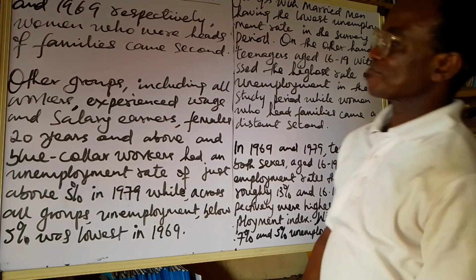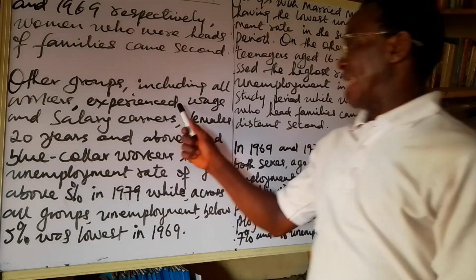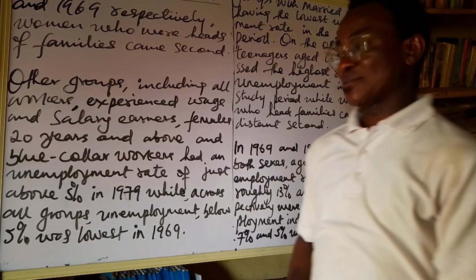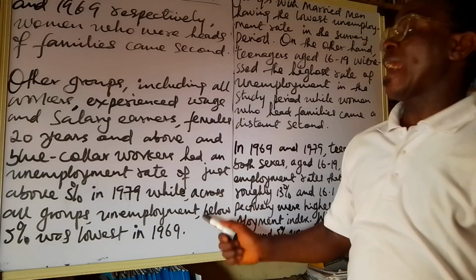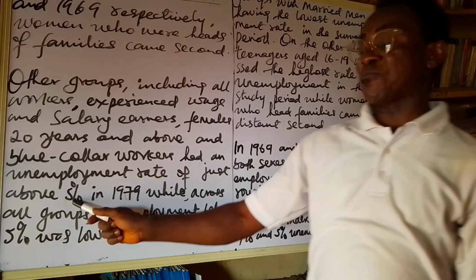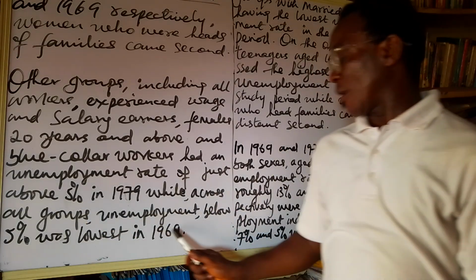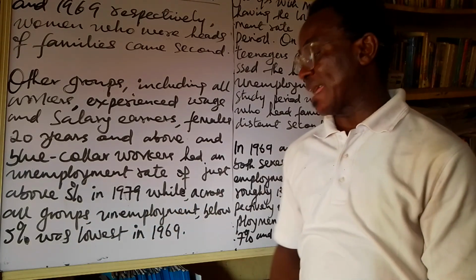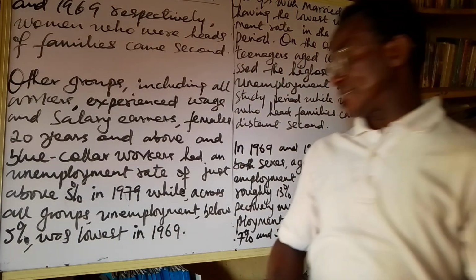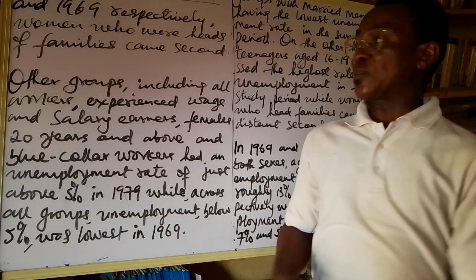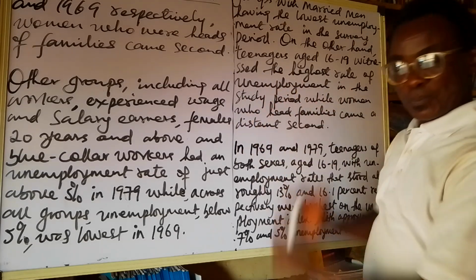It says, other groups, including all workers, experienced wage and salary earners, females 20 years and above, and blue-collar workers had an unemployment rate of just above 5% in 1979, while across all groups, unemployment below 5% was lowest in 1969. So this is a model IELTS Task 1 report.